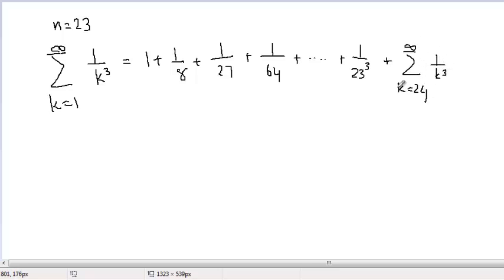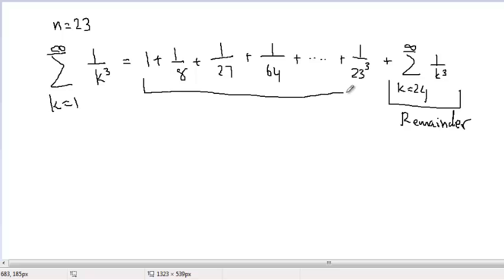What I know is that this error term, this remainder term, is smaller than 1 over 1000. And I can use a calculator to compute this sum here. After all, I have only 23 terms here, and I can use a calculator to compute this sum, right?